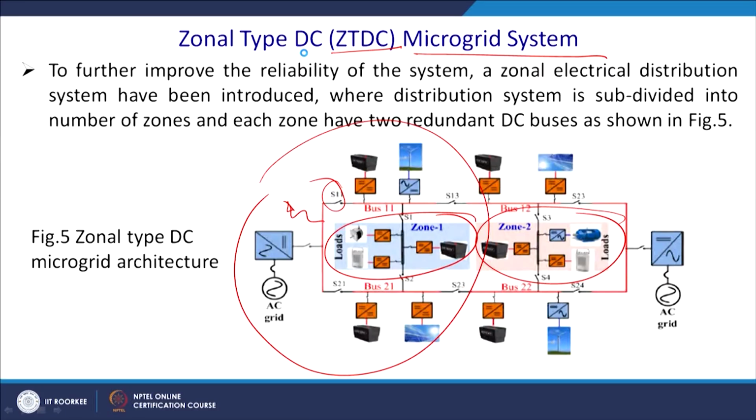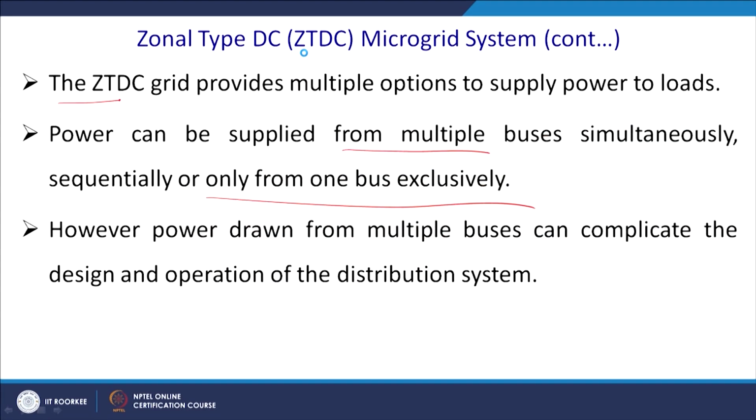So, that is what we are saying, that this is the zonal type microgrid. And one most phenomenal feature of this kind of DC microgrid is that in the zonal type, the power drawn from multiple buses, because you have the option to take power from multiple buses, will be a hodgepodge, and that will be a complicated problem for the design and distribution system.